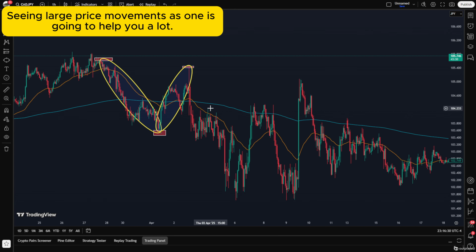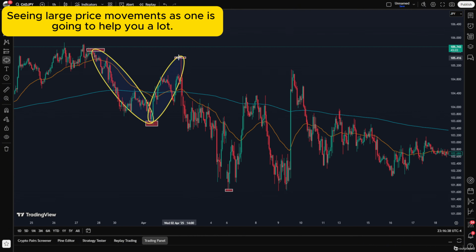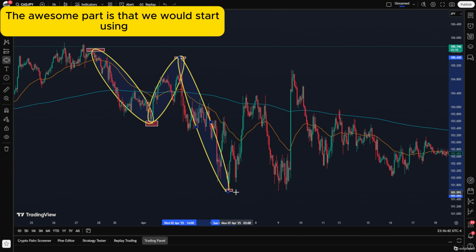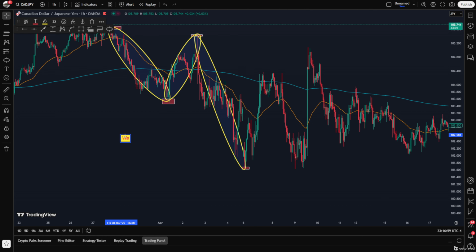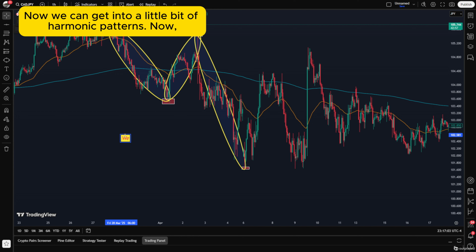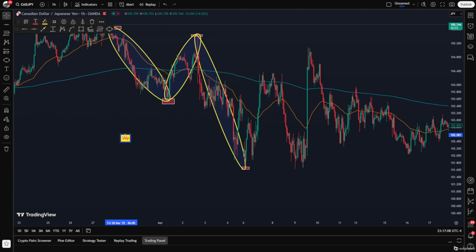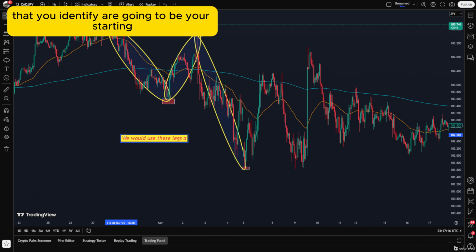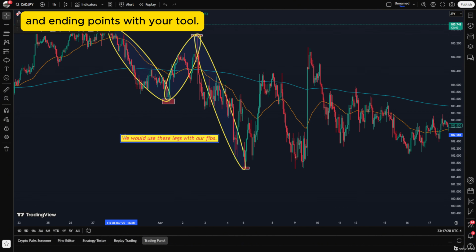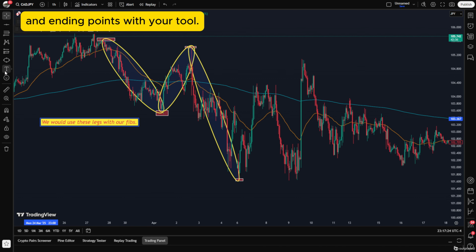Seeing large price movements as one is going to help you a lot. The awesome part is that we would start using our Fibonacci tool from the wicks of the candles. Now we can get into a little bit of harmonic patterns. The highs and your lows that you identify are going to be your starting and ending point with your tool.